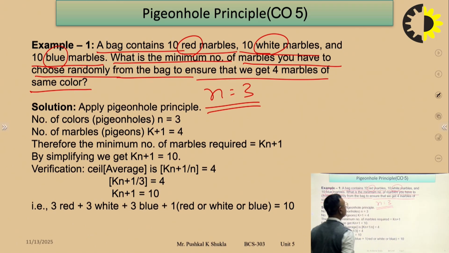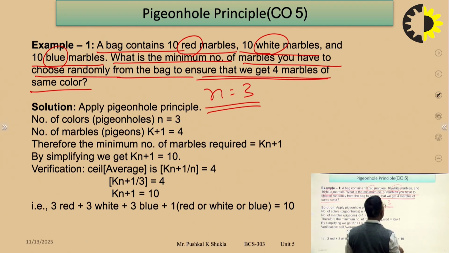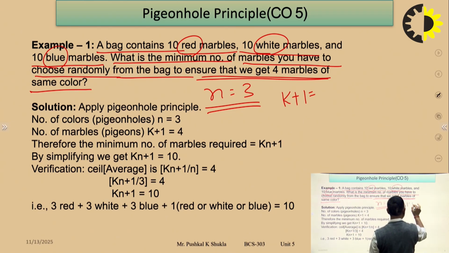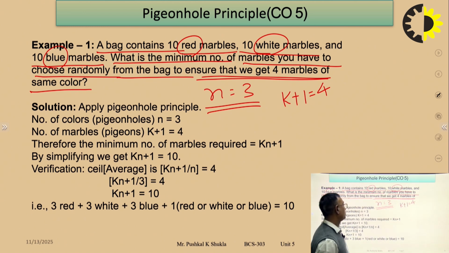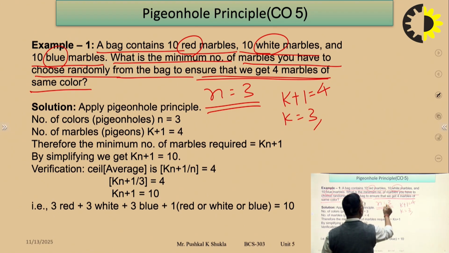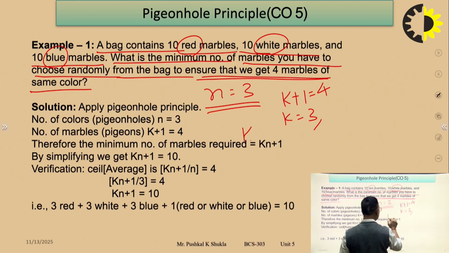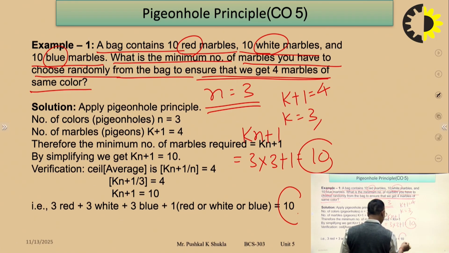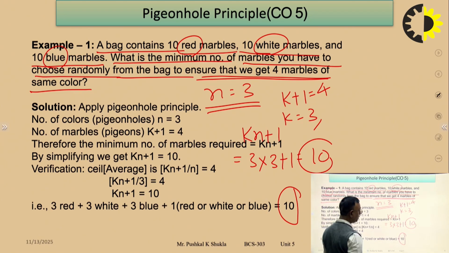To ensure that we get 4 marbles of the same color, here k plus 1 is given as 4, so k equals 3. The minimum number of marbles is kn plus 1, that is 3 into 3 plus 1, that is 10. So 10 marbles guarantee that 4 marbles are of the same color.